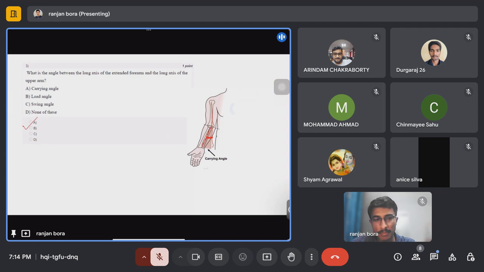From where did this name come? It came from carrying objects and moving, taking them from one place to another, where this angle becomes useful. With this angle, while walking, we clear our hip. While walking, our forearm moves in sync with our legs. So because of this angle, we can walk.